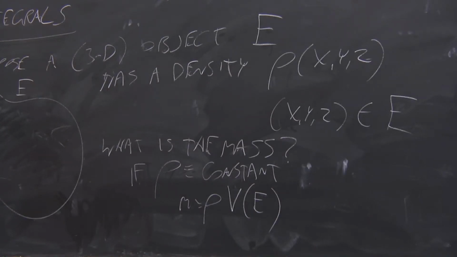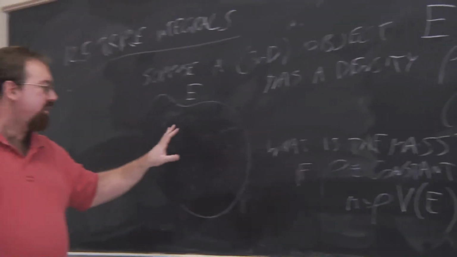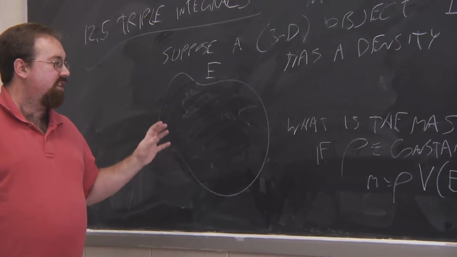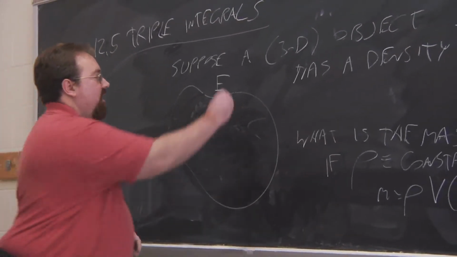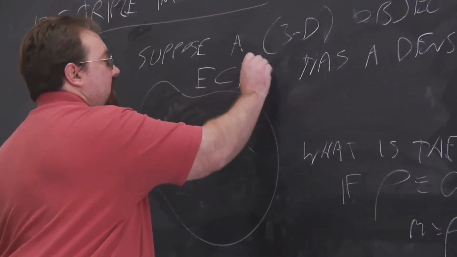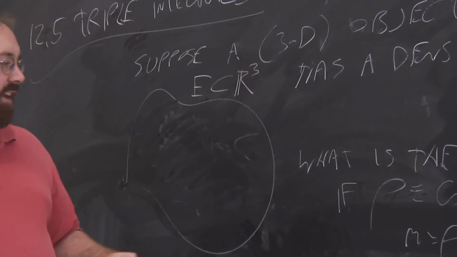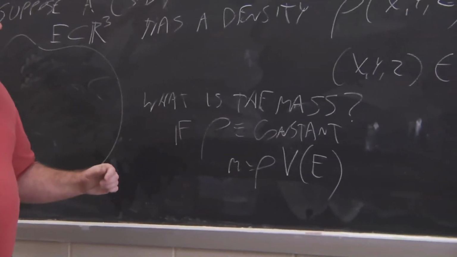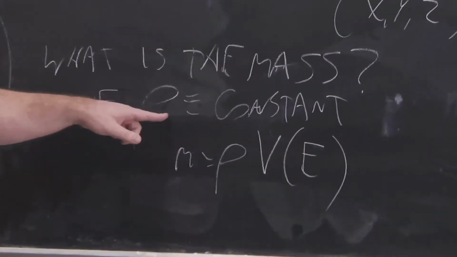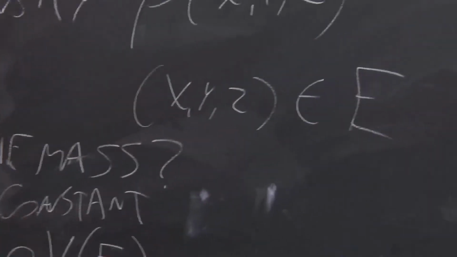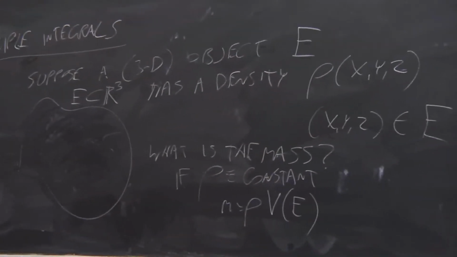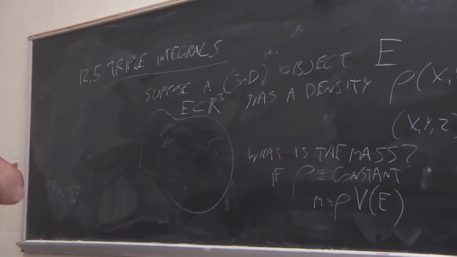But first, we need to define what it means to compute the volume when we just have some general region in R3. And then we still need to take into account what if rho is not a constant. If it's a variable density like this, we still want to be able to compute the mass.